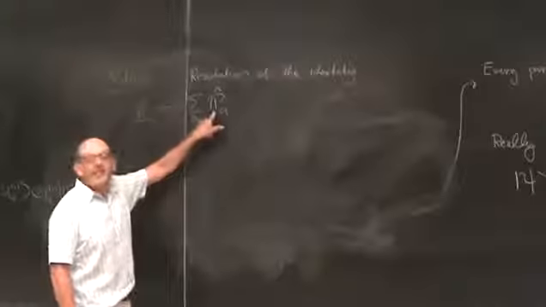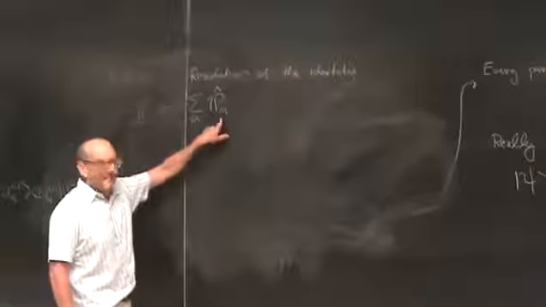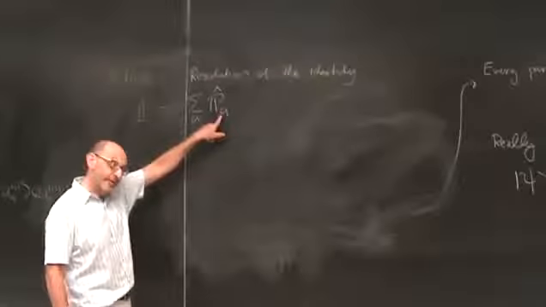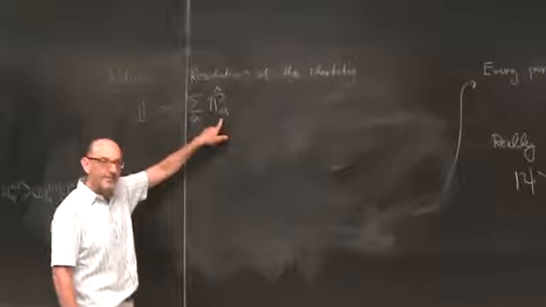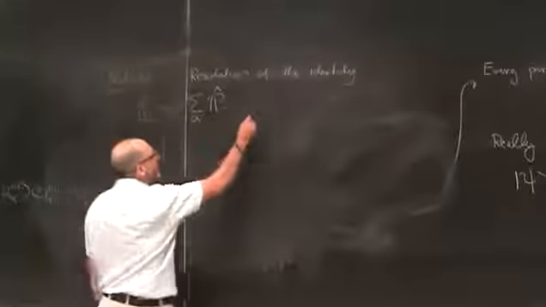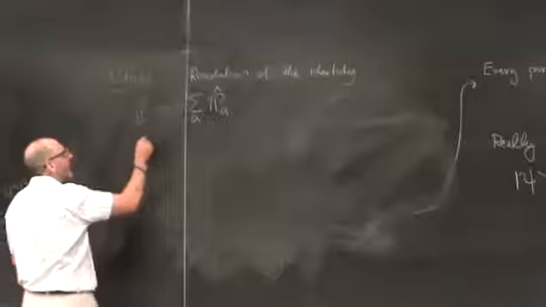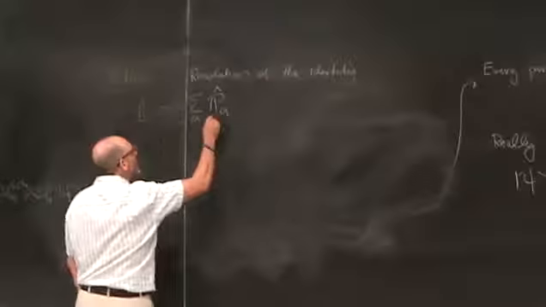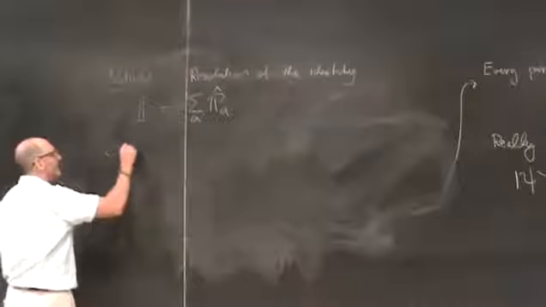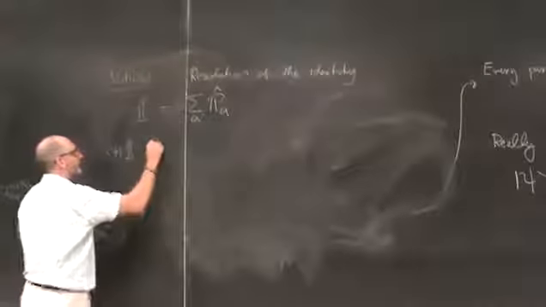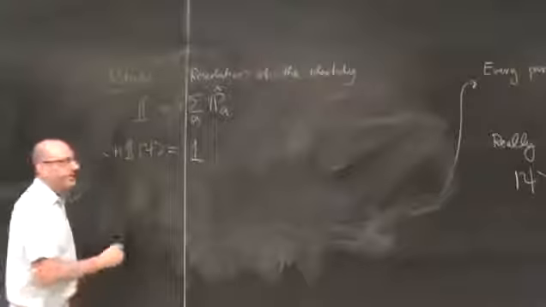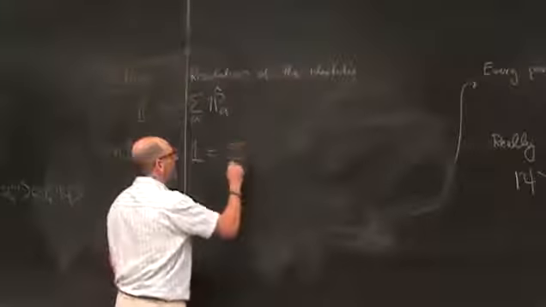That could be a sum of 1D projectors or multiple dimensional projectors, depending on the degeneracy of those eigenvalues. Because of that, this is a way of decomposing the probabilities. If I look at the inner product of this, it is 1 if this is normalized, and this is equal to the sum over A.